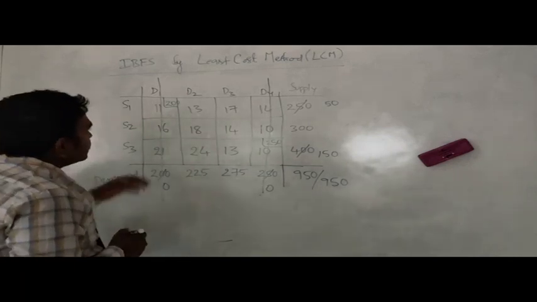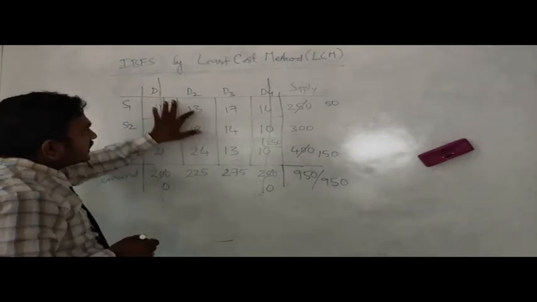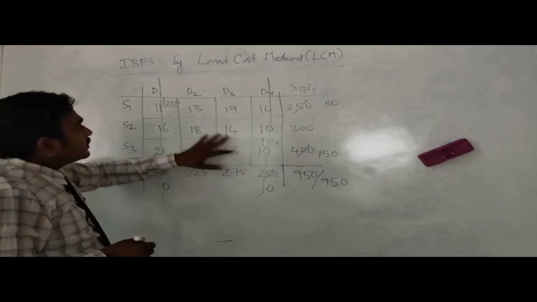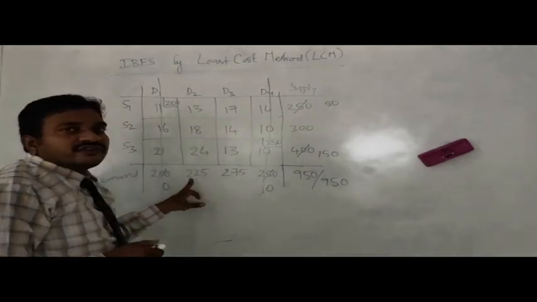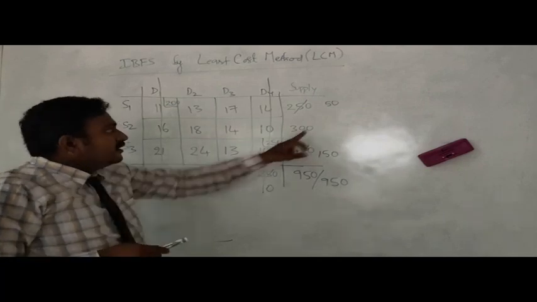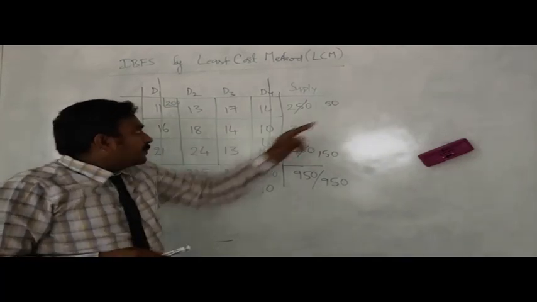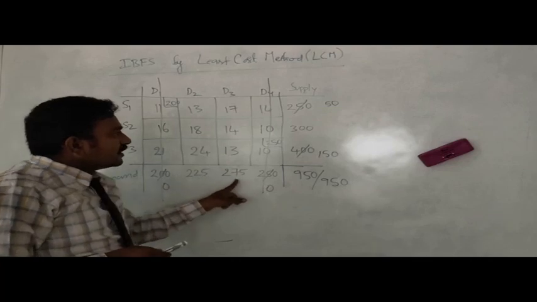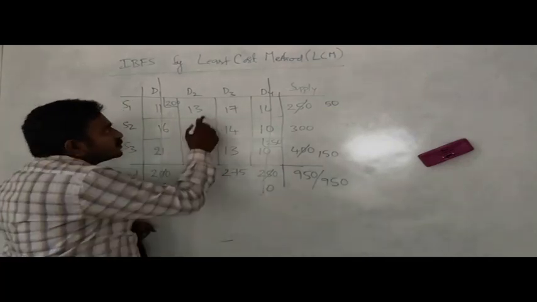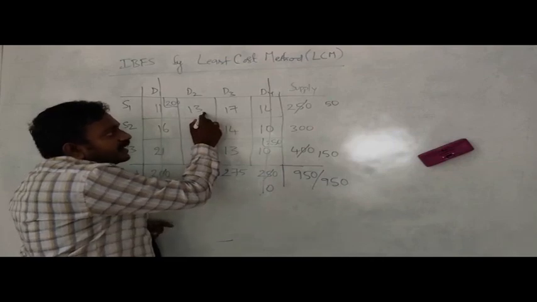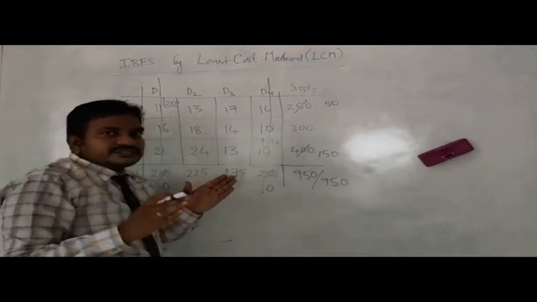The next least cost is 13. It is 13 and 13, two same costs available again here. Here 50 is a requirement and 225 is a requirement. 50 is the supply. Again 13, 275, 150. Here is the right condition. If you choose this particular cell, you may be able to allocate 50 units only.